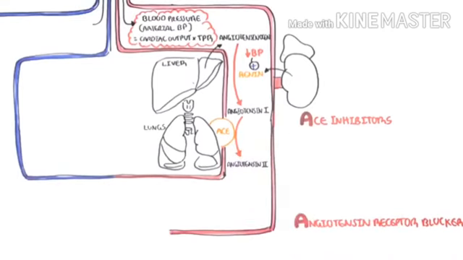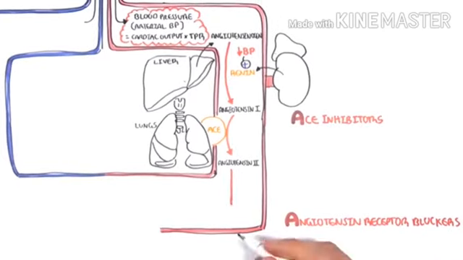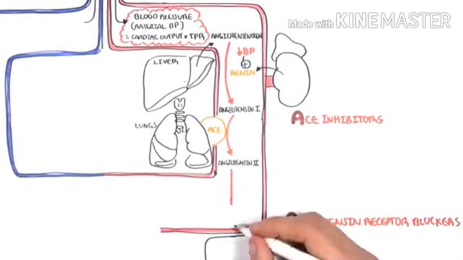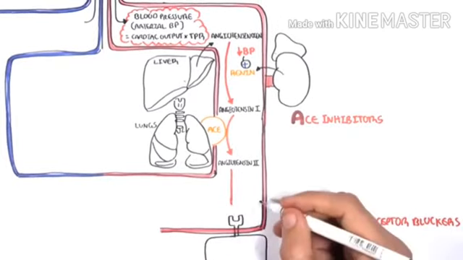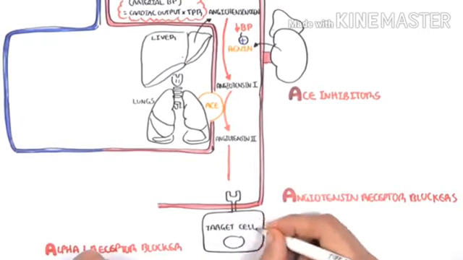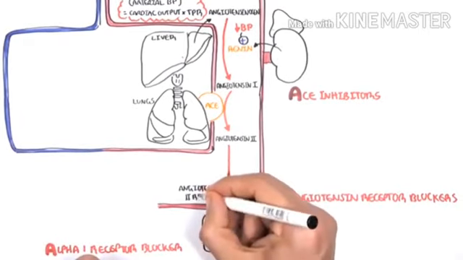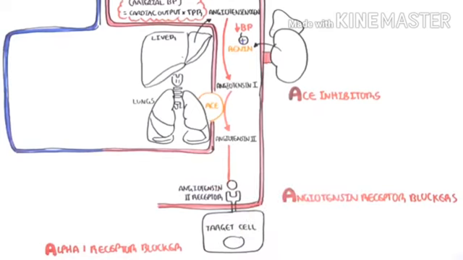This angiotensin 2 acts on different types of cells present in our body, and by acting on them, it produces different physiological actions. Angiotensin 2 acts on the angiotensin 2 receptor. When it binds to the receptor in target cells, the target cells are many.